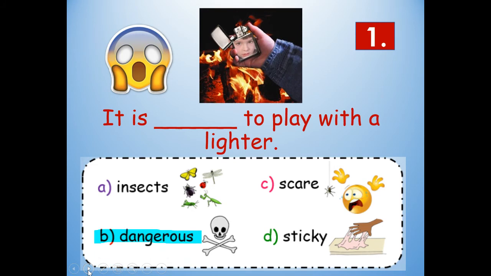Dangerous. D-A-N-G-E-R-O-U-S. So make sure you write the word dangerous on your paper. It is dangerous to play with a lighter. If you need to, push pause if I'm going too fast, or you can move on with me right now.